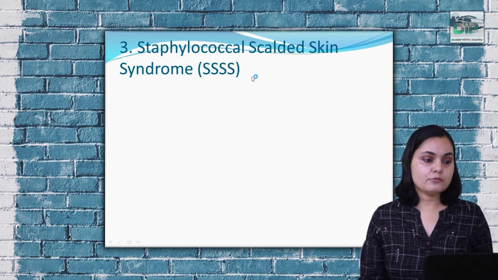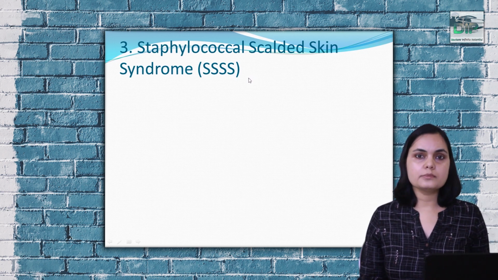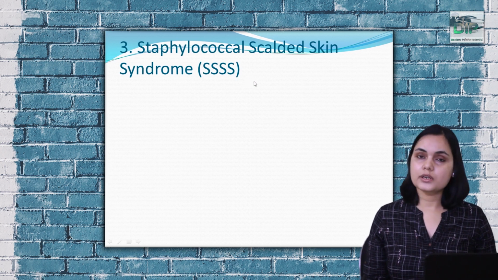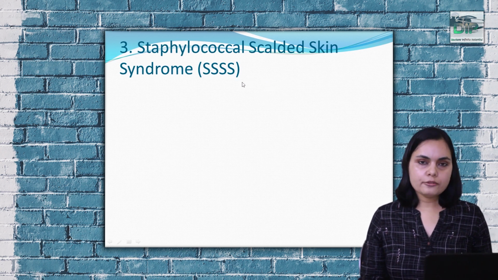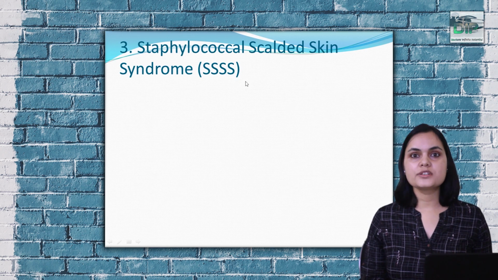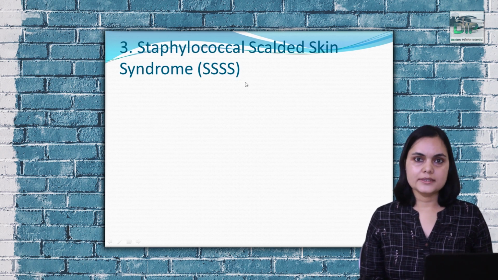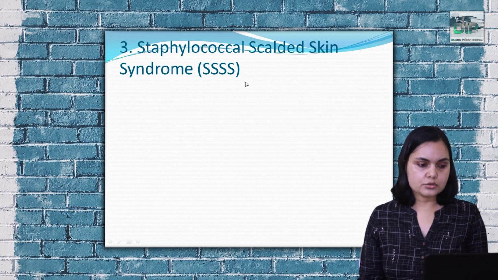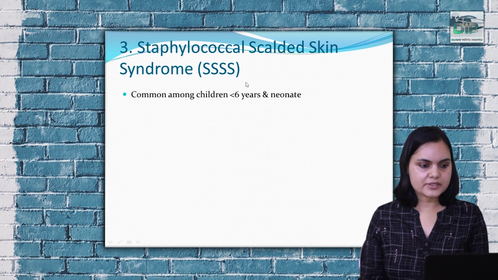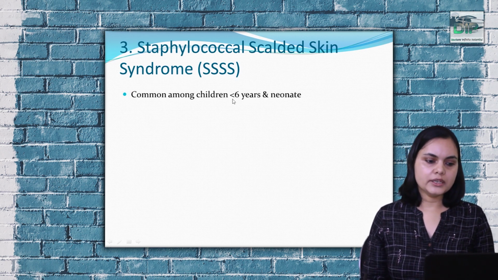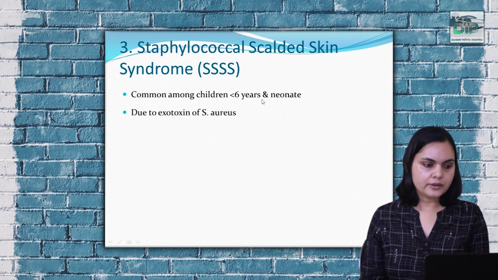So many times we may be confused whether this is bullous impetigo or staphylococcal scalded skin syndrome. And if proper care is not taken on time, we may lose the child also. That's why I want to emphasize this. This is very common in children less than 6 years.